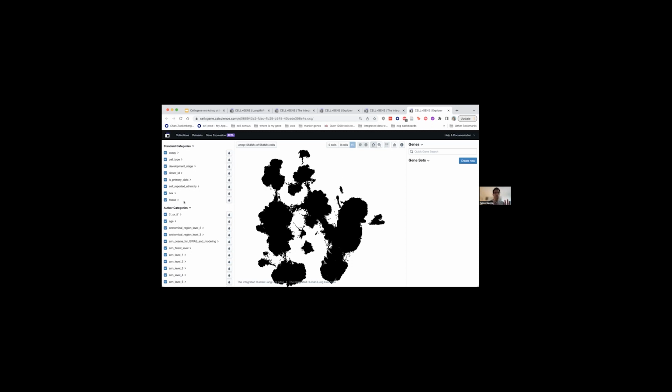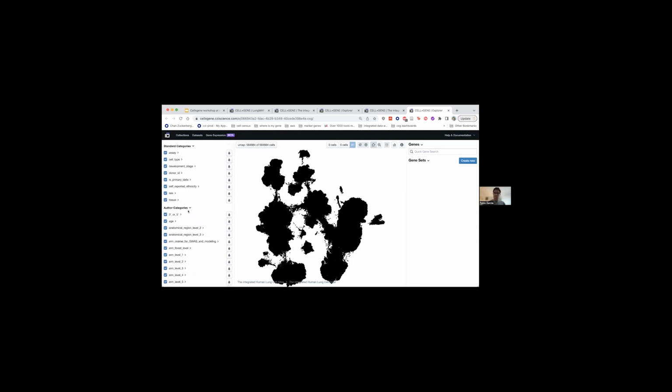These are the ones that we ensure are going to be the same categories and the same labels across all the data sets that we have hosted in the portal. And then we have some author contributed categories. These are not standard categories, they're specific to each data set. So you can look at them and try to perform analysis if you know what you're looking at. If not, you don't have to focus too much on this.